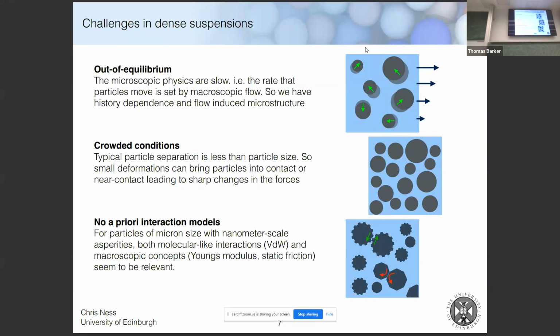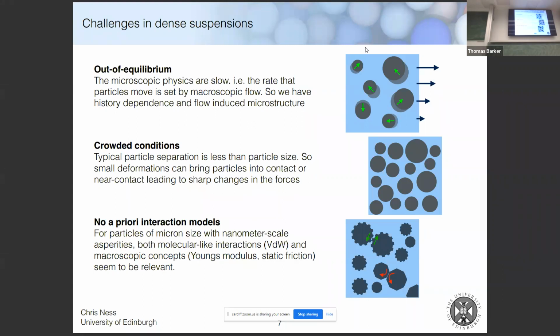So these systems are out of equilibrium. And what that means is the particles are not molecules or atoms like they would be in water or in a more simple liquid. And that means if we deform them, the trajectories of the particles depend on the strain that we apply and the history of the strain that we apply.